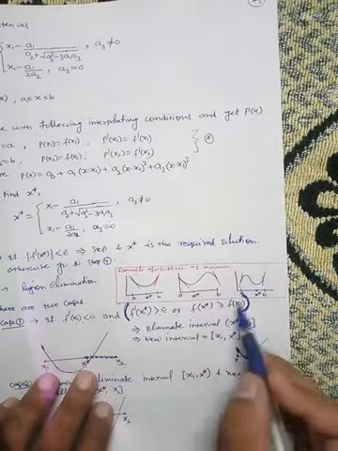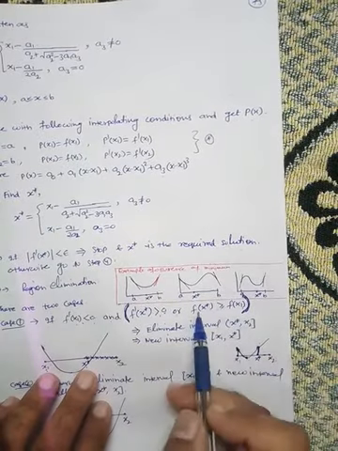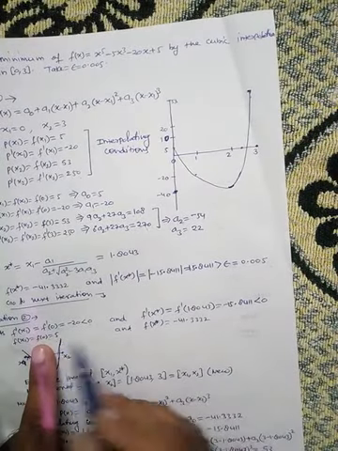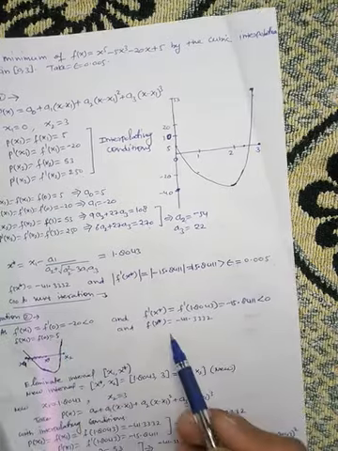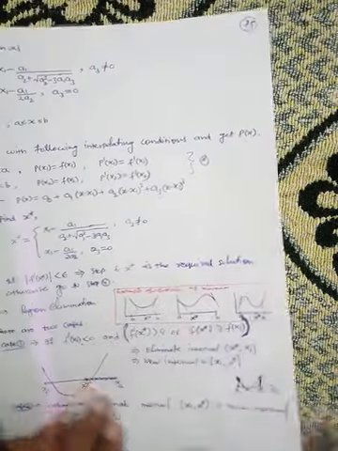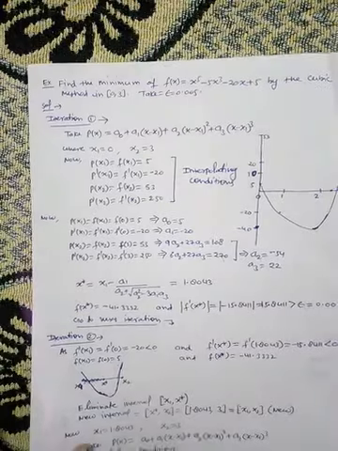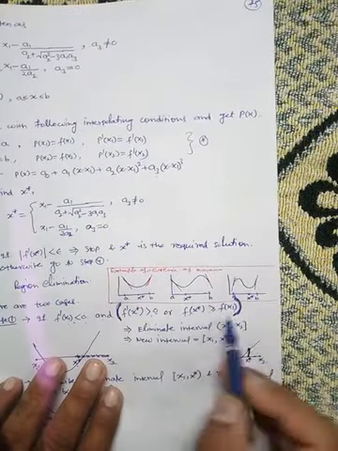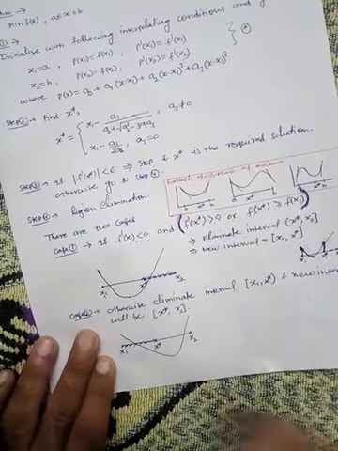Again you can verify this condition also, f at x star is greater than or equal to f of x1. If you compare these values, f at x1 is greater than f at x star. No, this condition is also not satisfied. So hence we will have the second case.